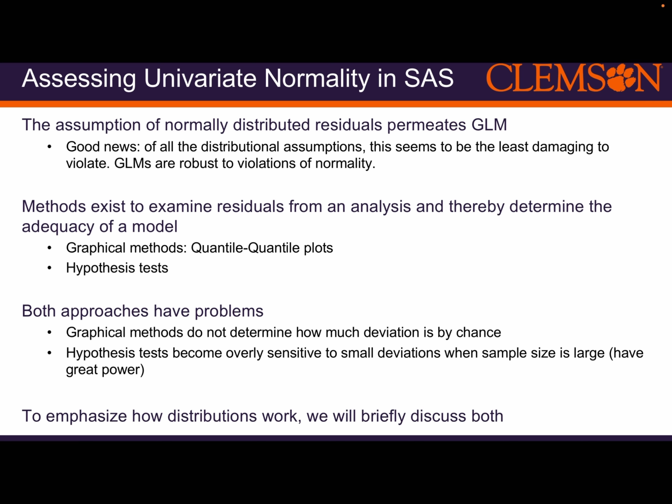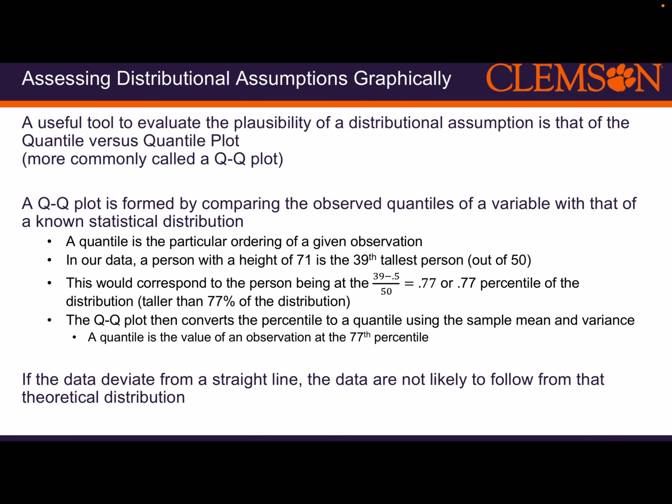Now, I'm going to just add this to our lecture. This really tries to emphasize how distributions work. So we're going to briefly discuss both of these. Okay. So a useful tool to evaluate the plausibility of a distributional assumption graphically is something called a QQ plot, which is quantile versus quantile. So let's define what quantile is first.